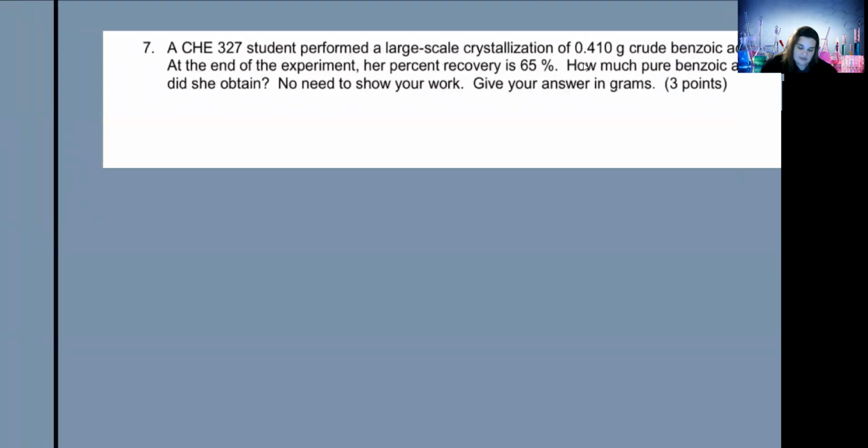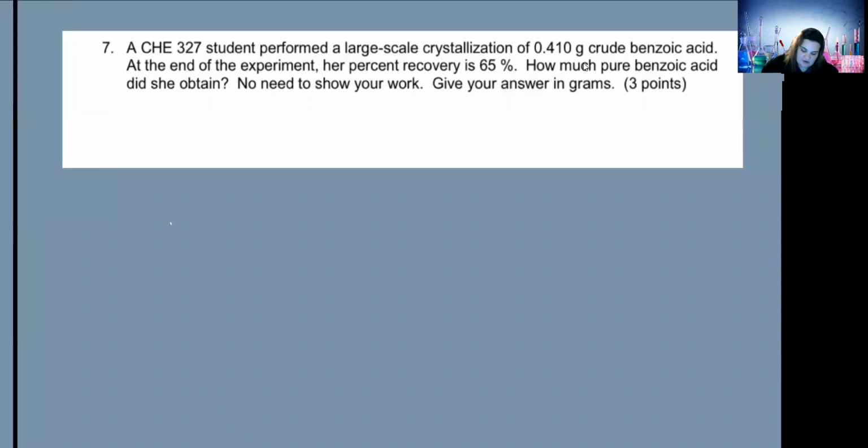All right, let's do this. Hopefully you remember that for this experiment, percent recovery is pure over crude times 100%. When you are doing this experiment, the crude is what you start with, and the pure is what you obtain.